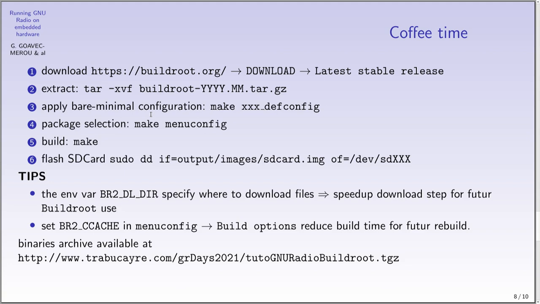The build is done by make, and if you have a real target board, it's possible to flash an SD card by using sudo, to have superuser rights, dd. If is the source, here it's sdcard.img, and destination by using of=/dev/something.